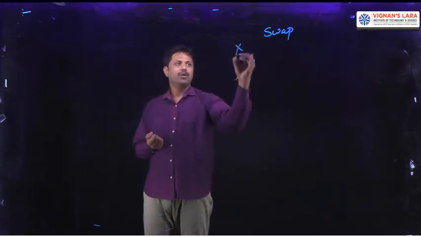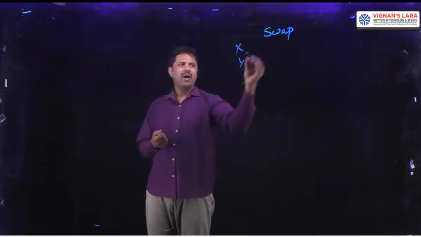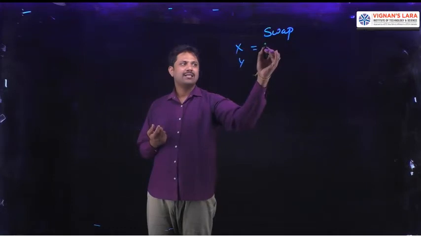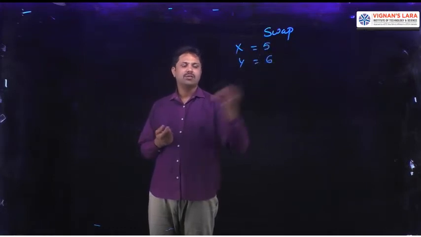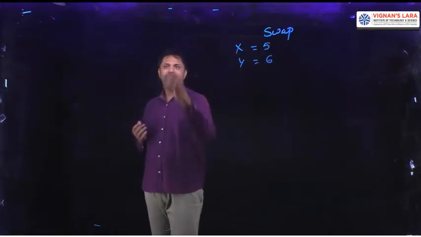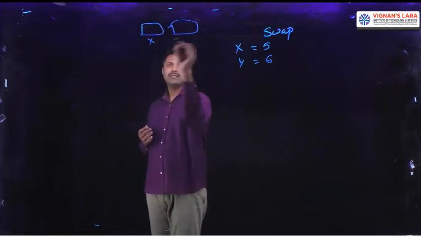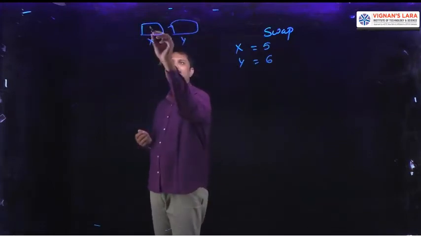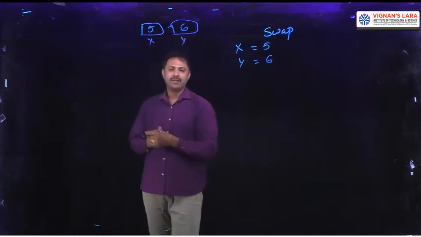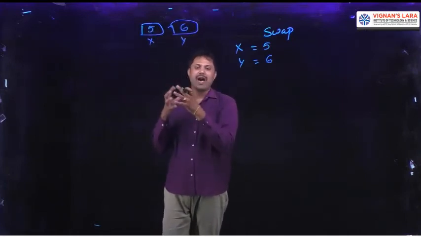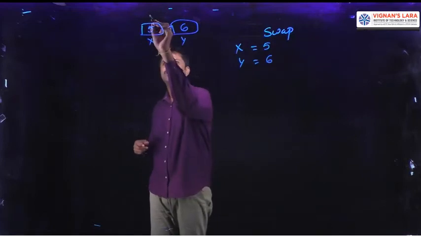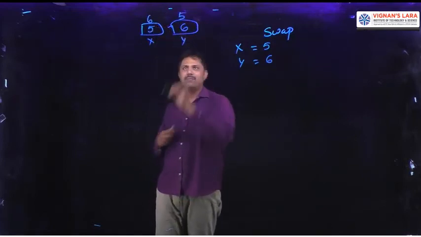Now I am taking two values x and y. Assume x contains 5, y contains 6. That means two variables are created, x contains 5 and y contains 6. After performing the swap operation, x becomes 6, y becomes 5.